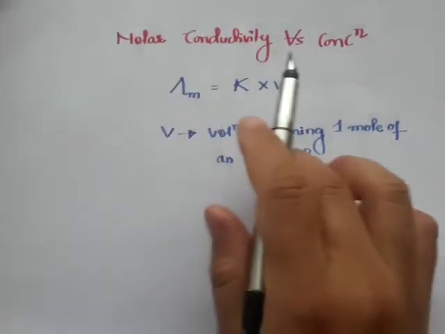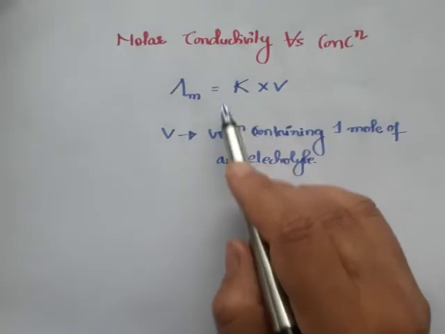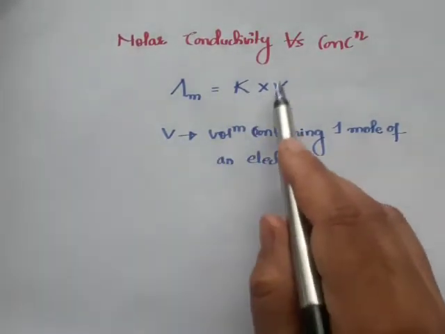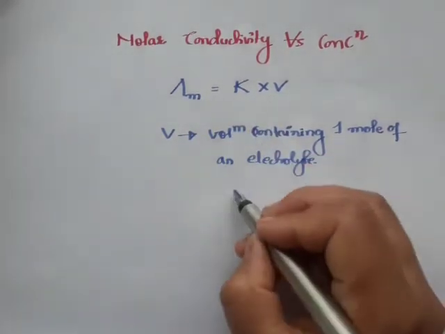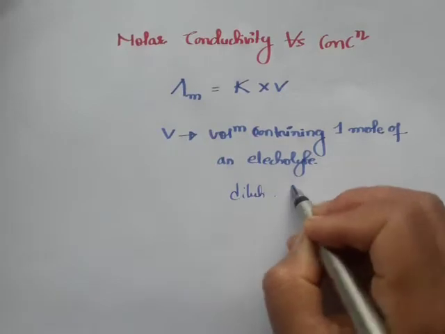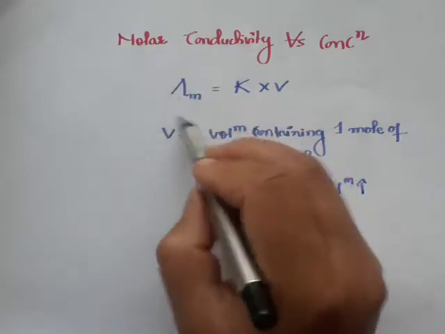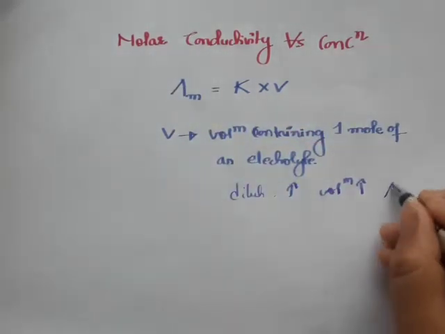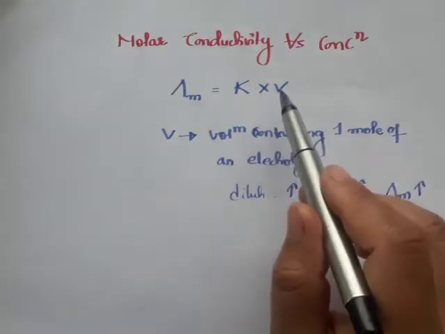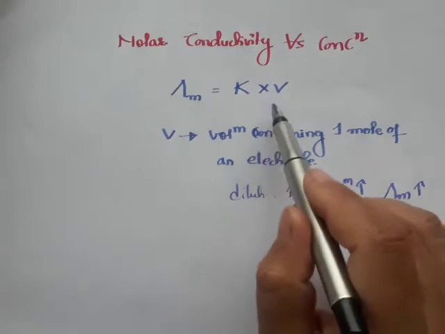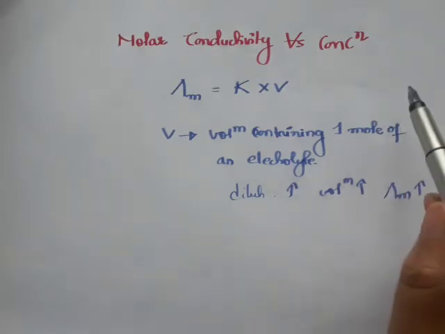Now how does molar conductivity vary with concentration? We know that molar conductivity is conductivity times volume, where this volume is the volume containing 1 mole of an electrolyte. When dilution increases, the volume also increases, so the molar conductivity also increases. So with an increase in dilution, or a decrease in concentration, molar conductivity increases for both strong and weak electrolytes.